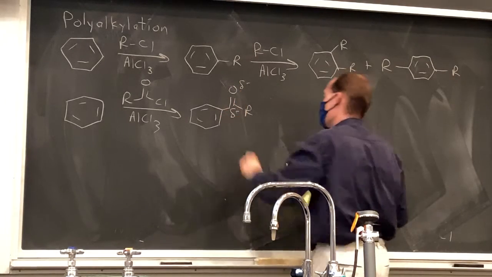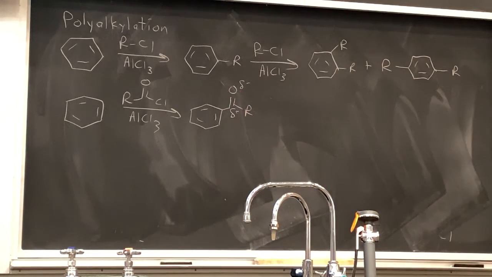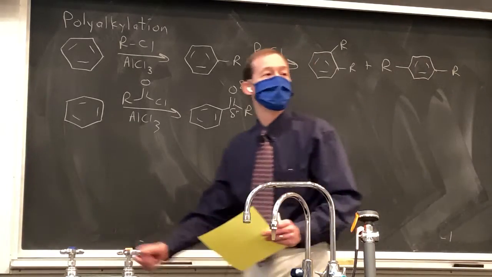We end up with a partial positive charge on the carbonyl carbon attached to the benzene ring. So we have attached a deactivating group to the benzene ring. So this wouldn't react at all, in fact, in a Friedel-Crafts acylation, because this is a strong deactivating group. Okay? So no problems with polyacylation, only with polyalkylation. Any questions?